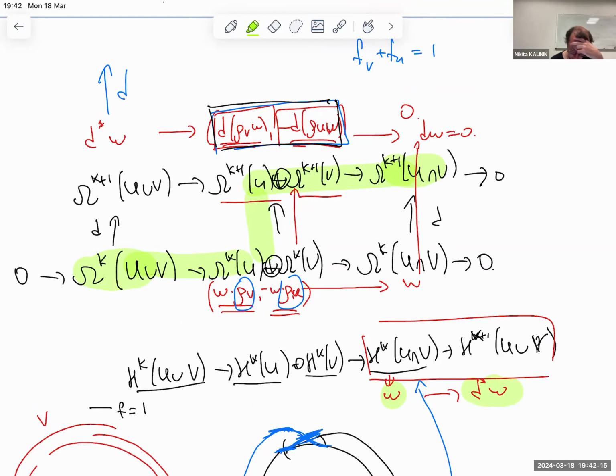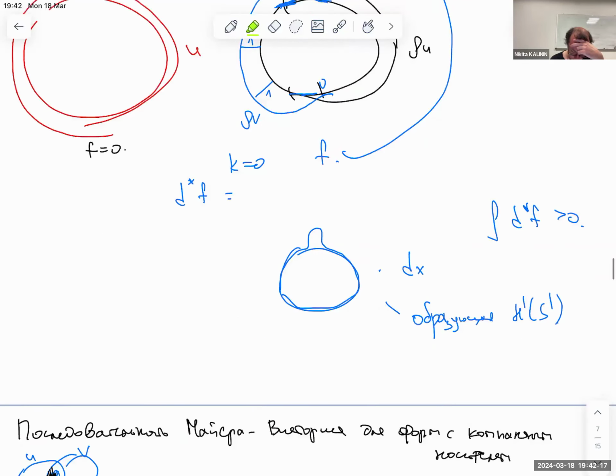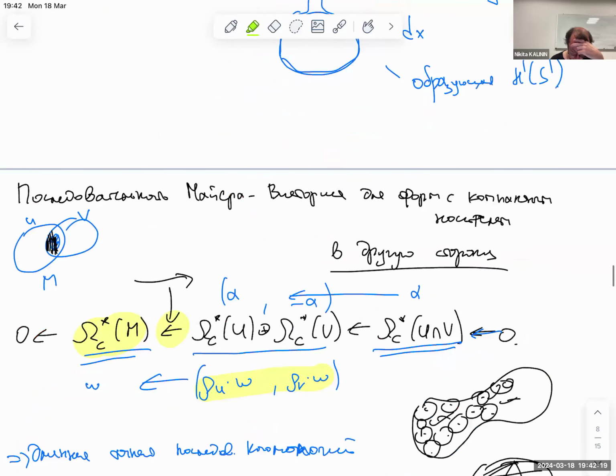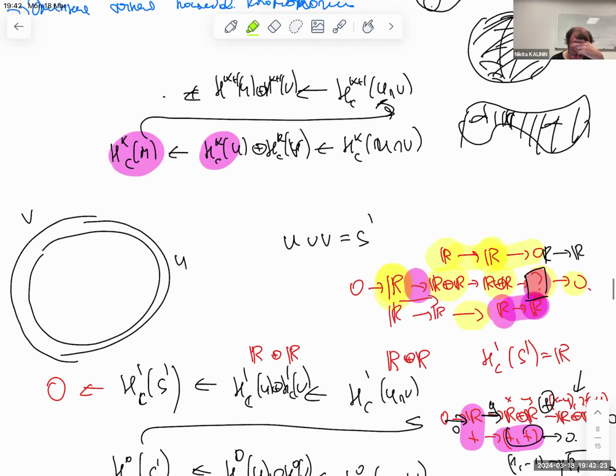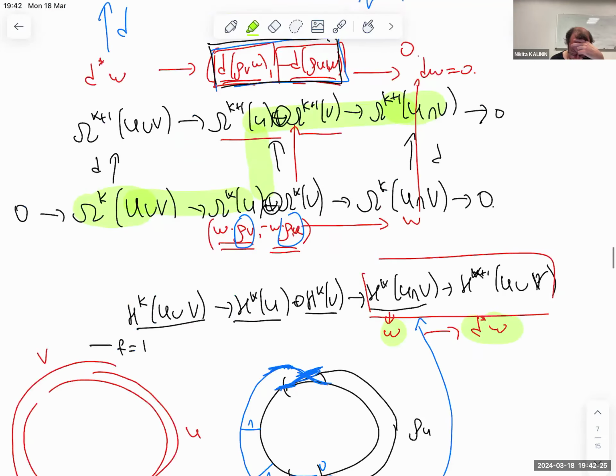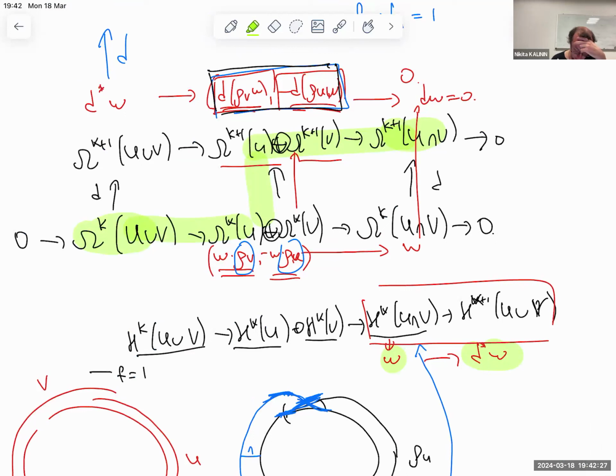No, again, I've got lost. So how did we define this sequence? Let's say here. We have this sequence for each k of forms. Here we start with the form omega, we multiply it by rho u, rho v, and so here we have this map.